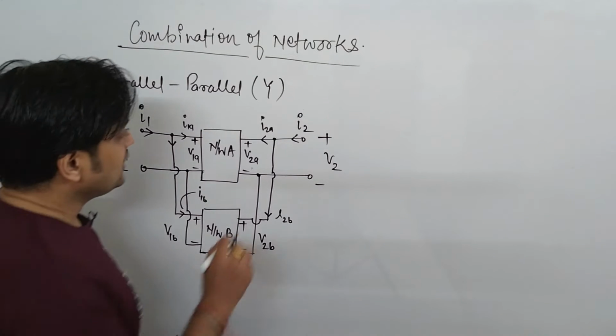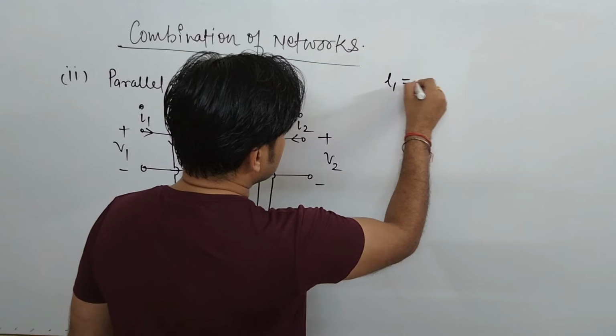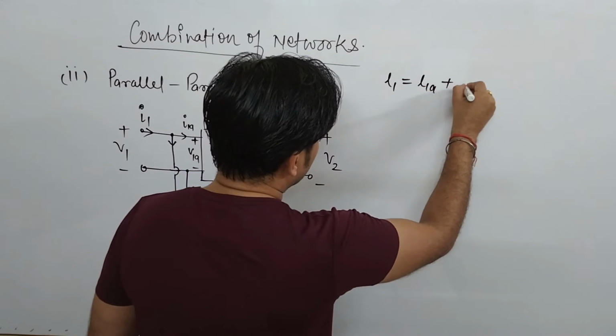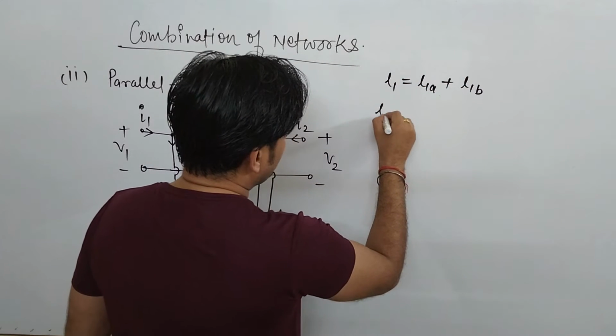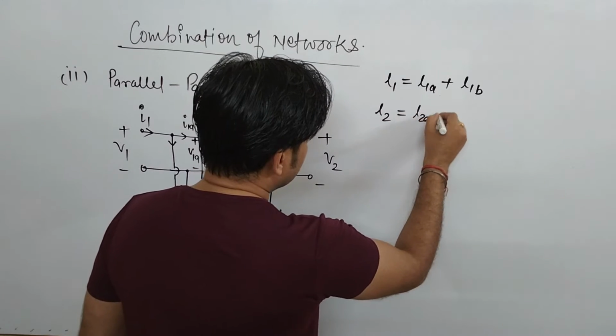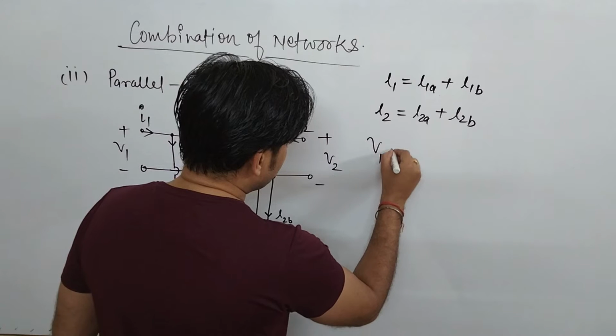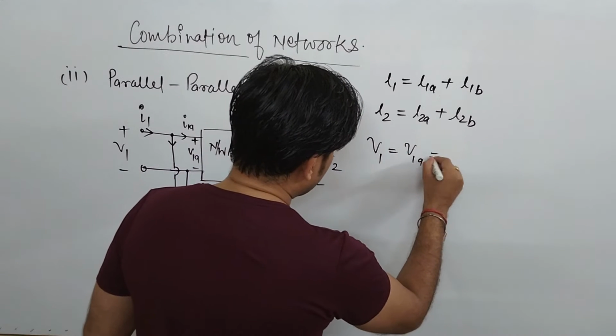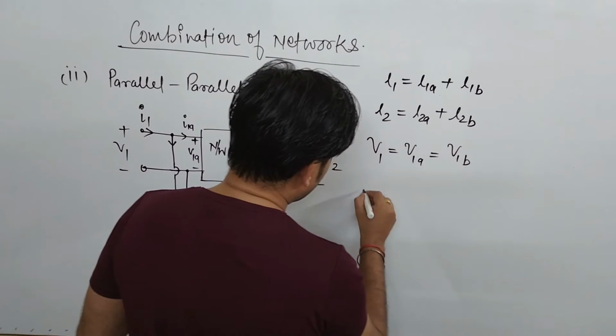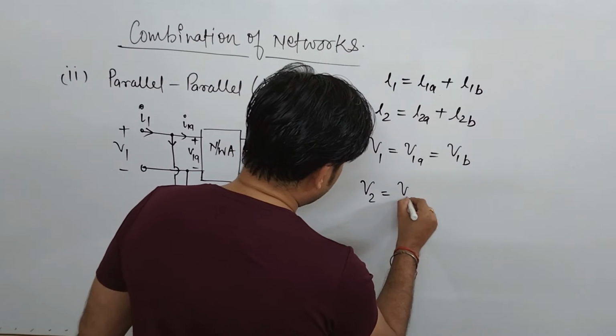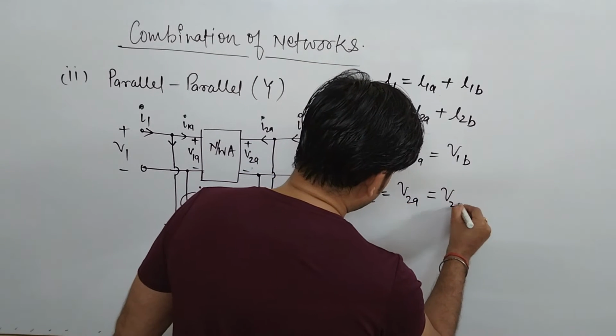Similarly here, the value of I1 is I1A plus I1B, and I2 is equal to I2A plus I2B. But for the voltage, V1 is equal to V1A and equal to V1B, and V2 is V2A and V2B.